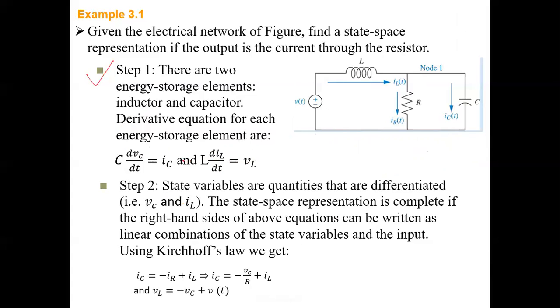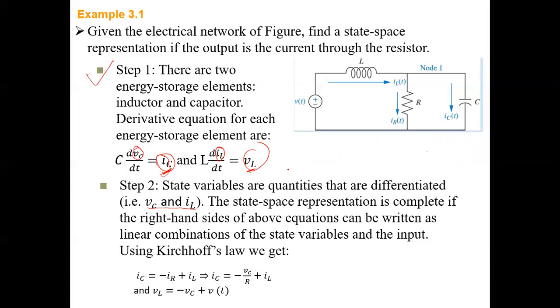So that's why you already found them. VC and IL are state variables. These are not state variables. These are called other system variables. So VC and IL are state variables. IC and VL are called other system variables.